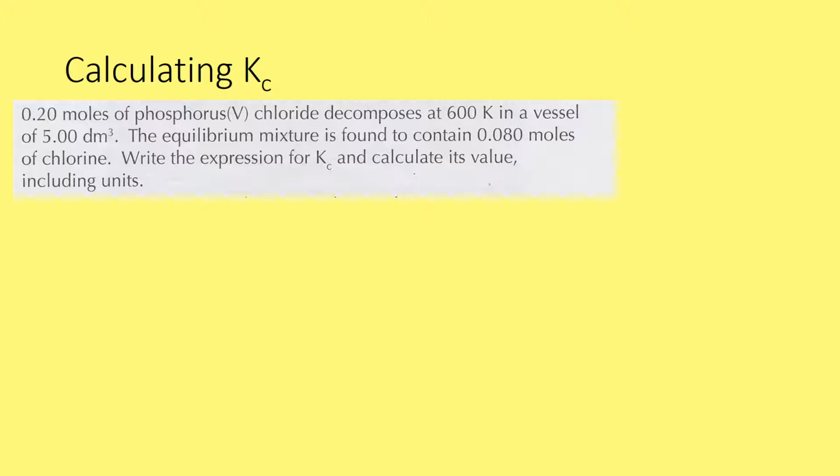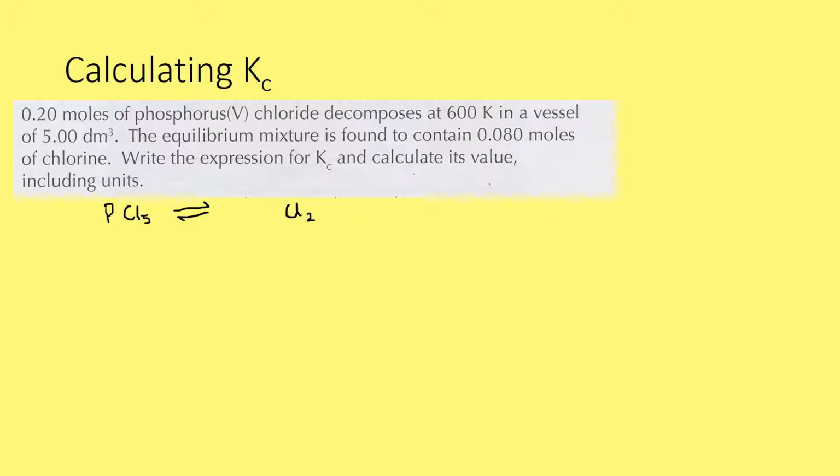First of all, let's write down the balanced equation. The balanced equation starts off with the phosphorus pentachloride. So if it's phosphorus 5, it's going to have 5 chlorides attached to it, and that's going to be in equilibrium with chlorine gas, Cl2.